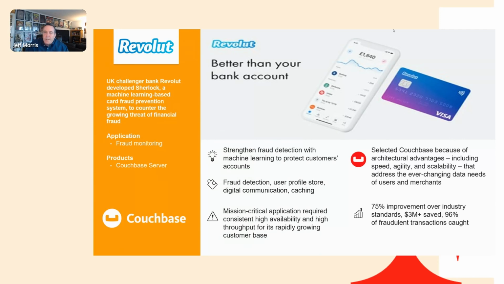They picked Couchbase because of that speed, agility, scale, and their ability to stay flexible to change the data needs of both users and merchants that they're helping. They saw a 75% improvement in performance in fraud identification over their industry standards. They saved over $3 million, and they're catching 96% or more of fraudulent transactions right now.